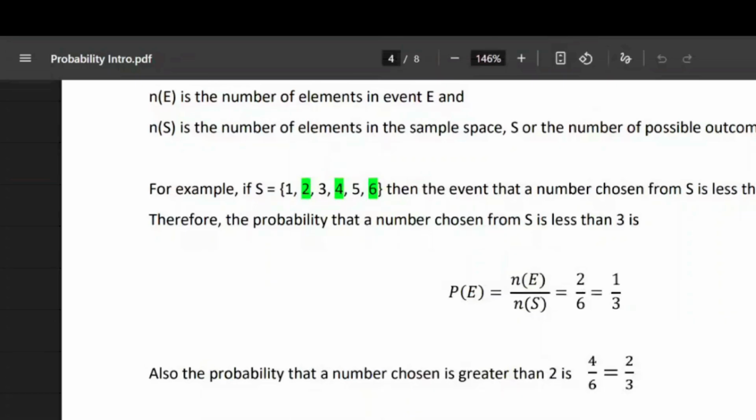Probability that a number chosen is greater than 2. So how many numbers are greater than 2? We have 3, 4, 5, and 6. So 4 numbers are greater than 2 out of 6 numbers. So we have 4 over 6.